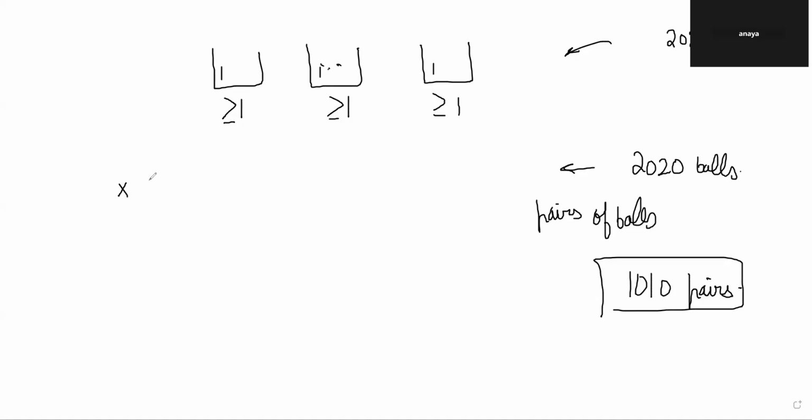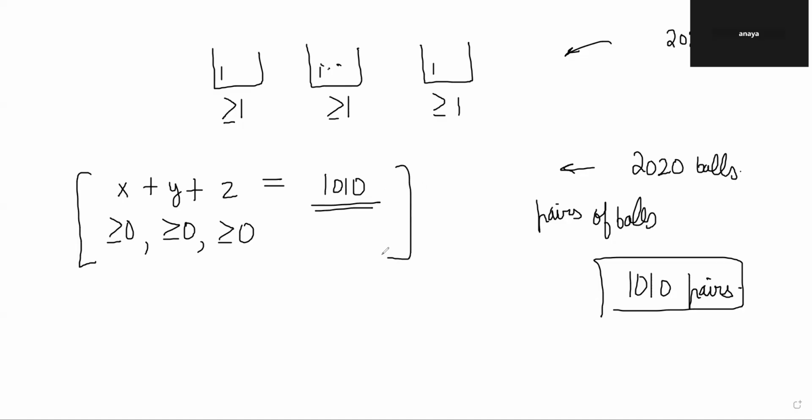Yes. So we can say variables x, y, and z add up to 1010. Here 1010 are not balls, they are pairs of balls, right? And each can have greater than or equal to zero pairs now. So this can be done by the stars and bars method, because now we have the greater than or equal to zero condition.